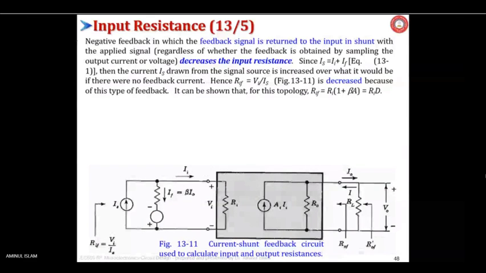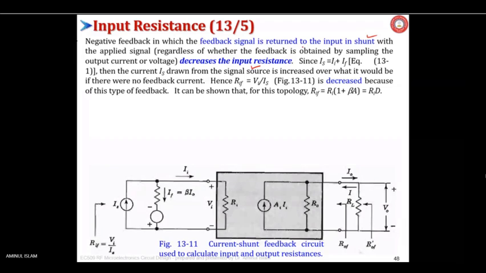Now, the negative feedback in which the feedback signal is returned to the input in shunt with the applied signal, regardless of whether the feedback is obtained by sampling voltage or current, decreases the input resistance. What is the meaning of that?